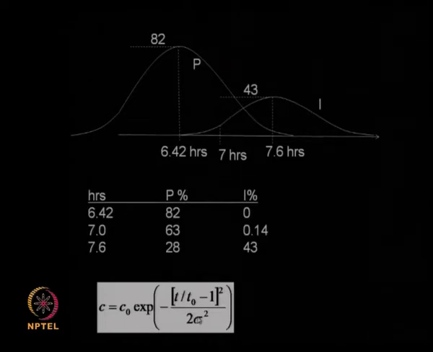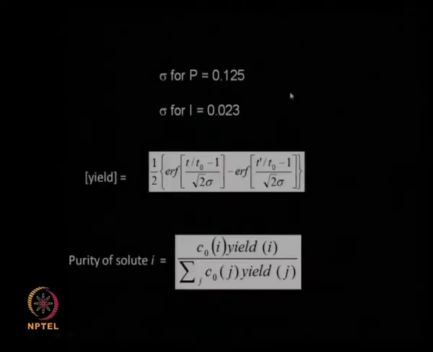So we can calculate sigma. Similarly for the impurity, C by C naught will be the same here as this divided by this, that is this value by 43, and T naught will be 7.6 hours and T will be 7. Again you can calculate a sigma for the impurity. So you are going to get two different sigmas like this, sigma for the protein, sigma for the impurity.